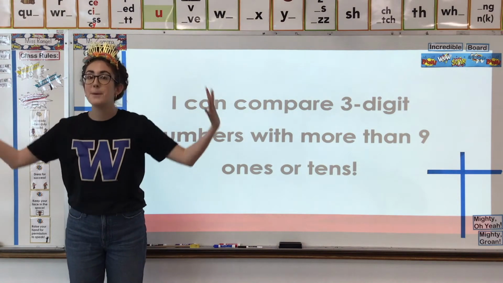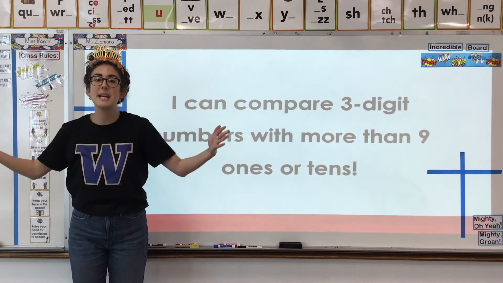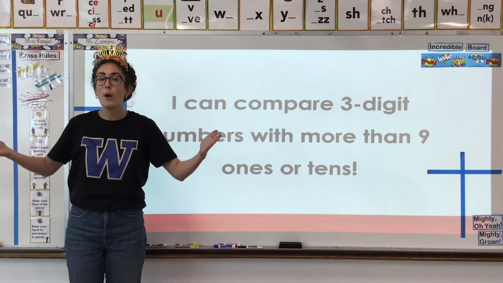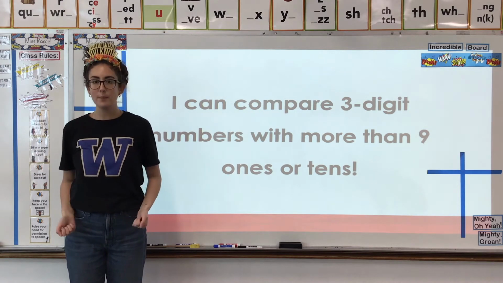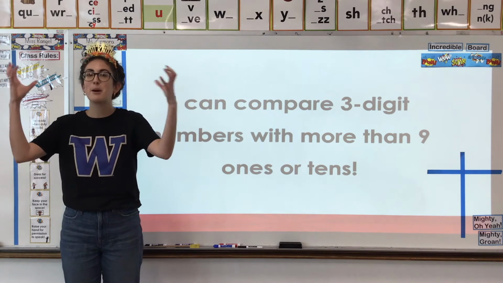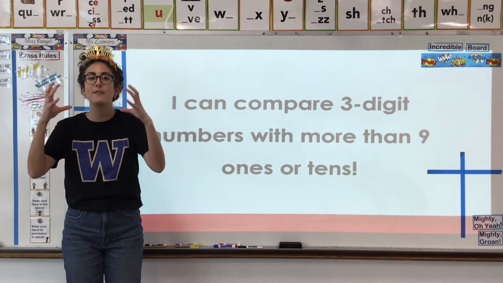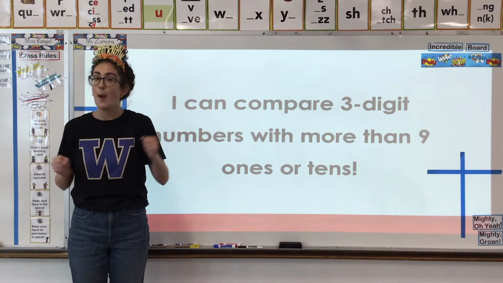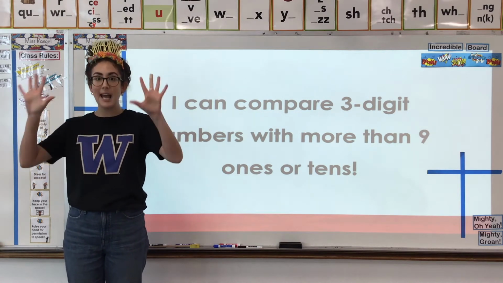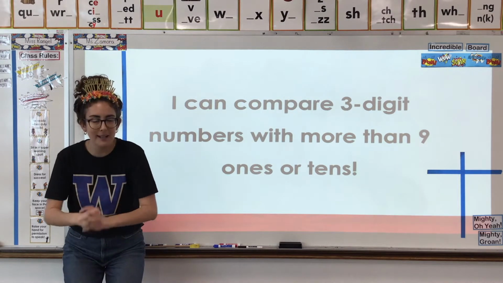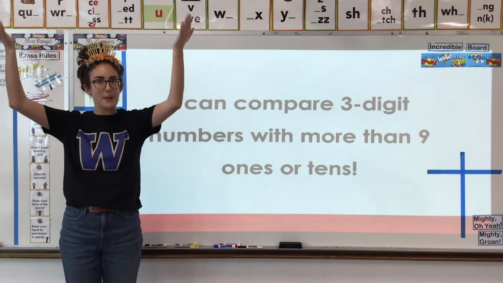That's when there's a big group of ones or a big group of tens. When we're given a number in this form, it's up to us to bundle those groups of 10 together, because we know that 10 of a smaller unit equals 1 of a bigger unit.